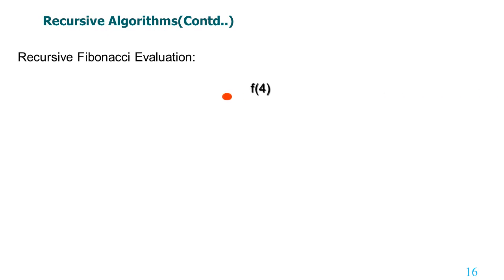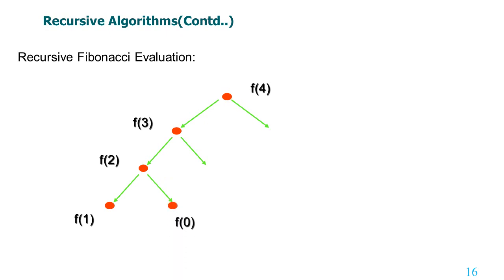Now, recursive Fibonacci evaluation: how can we evaluate using a tree diagram. Here, F4, that is the 4th Fibonacci number, we have to find out. F4 is a combination of F3 and F2, and F3 is further divided into two parts, F2 and F1. Now ultimately F2 is divided into two parts, F1 and F0, which are the initial conditions.